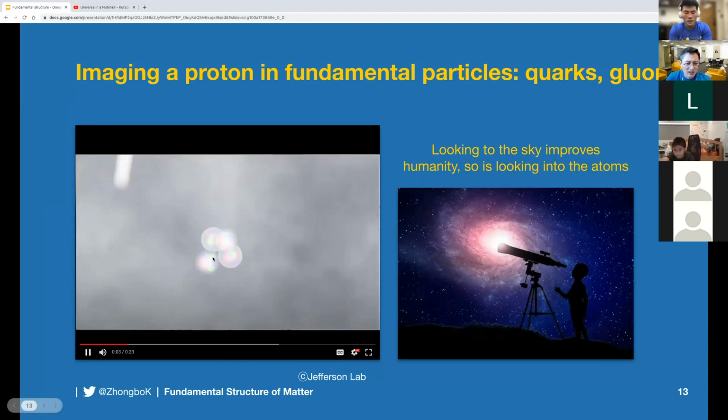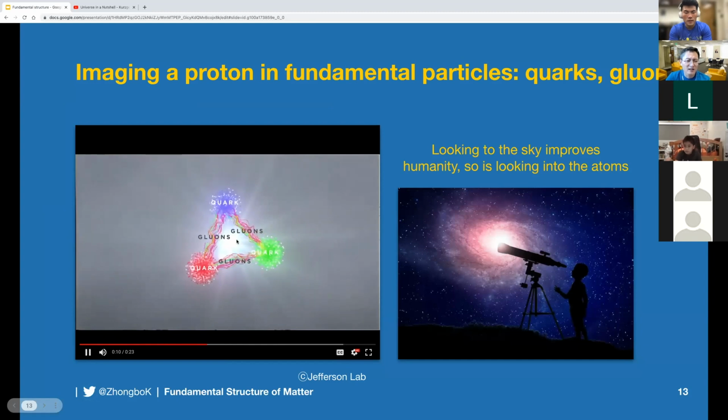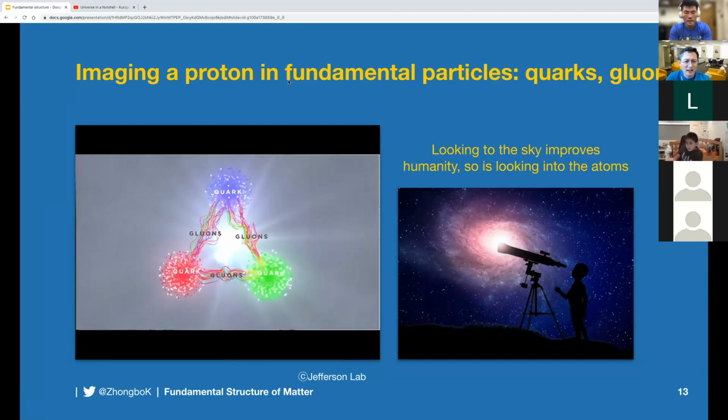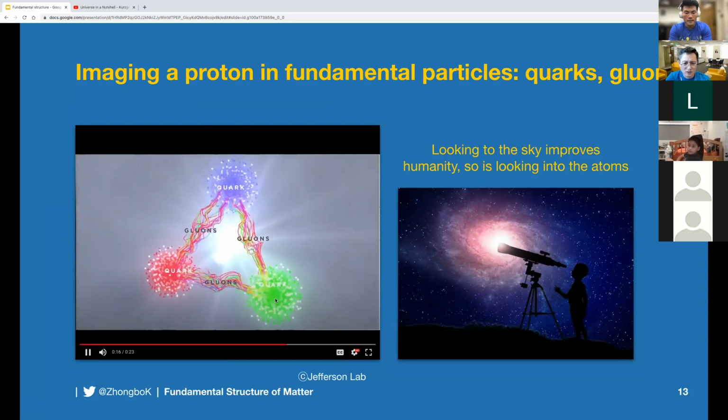You know already inside there are fundamental particles, quarks and gluons, grouped together by those gluons, right? And so we also want to take an image inside the proton of those quarks and gluons.